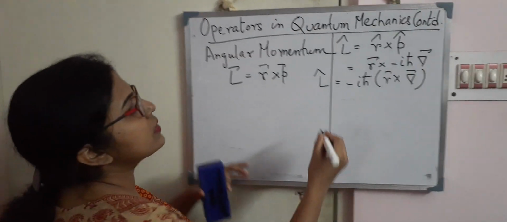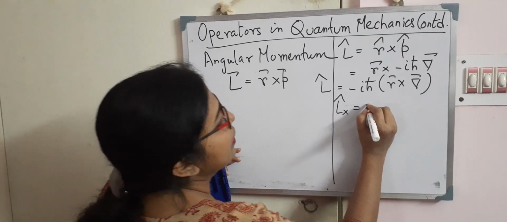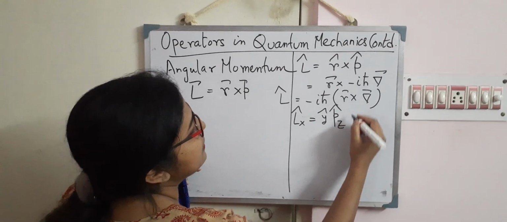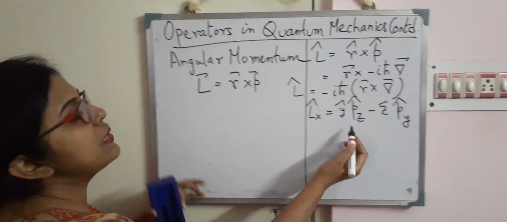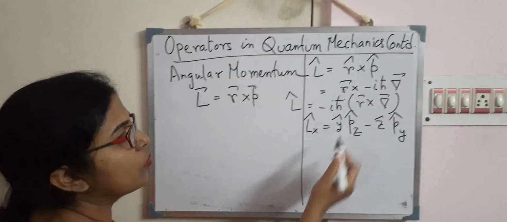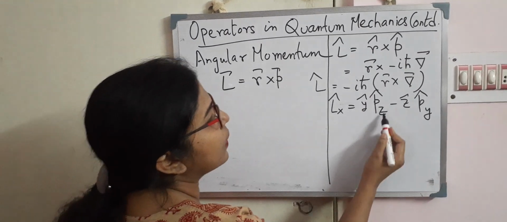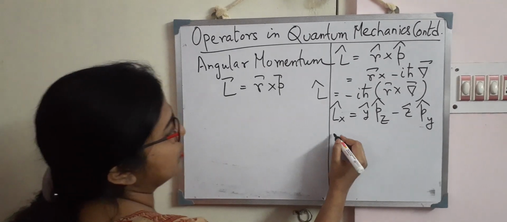Now we should write down the components of the angular momentum operator from here. The x component is Lx cap equals y cap pz cap minus z cap py cap, where pz cap is the z component of the linear momentum. When writing the x component, you start with y followed by pz cap, and in the second term z and y get interchanged.